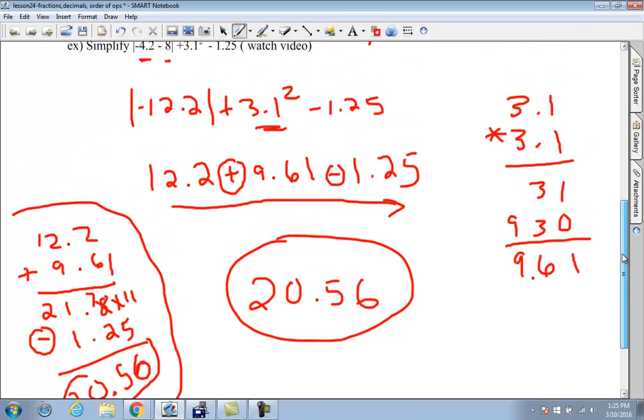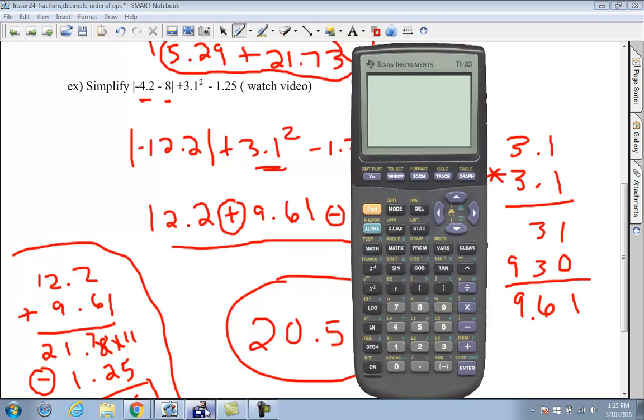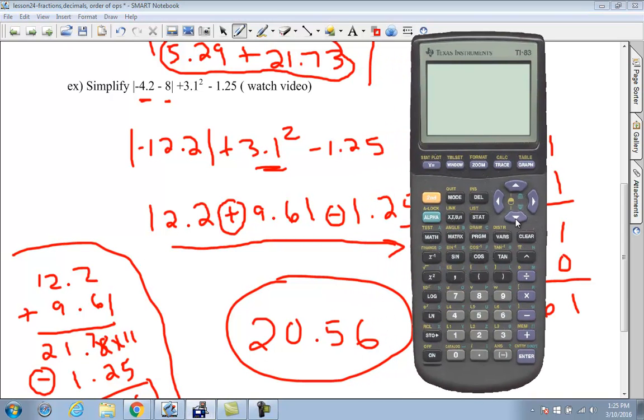Okay? Now what I like to do is double check my math. After I've done it by hand, I like to double check it. So I'll key it in, negative 4.2 minus 8. I got negative 12.2, but then I turn it positive because of the absolute value. And then I can double check it. Oh, sorry.